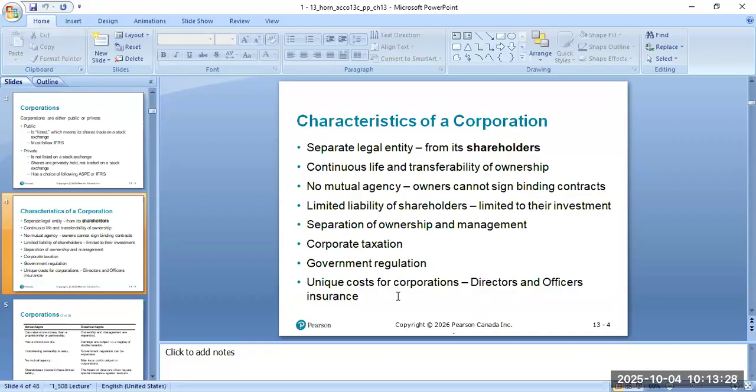Obviously, we're going to have the separation of ownership and management. That's why the owner can drink his margarita in Hawaii, and the manager will be the one who's going to work in the company.